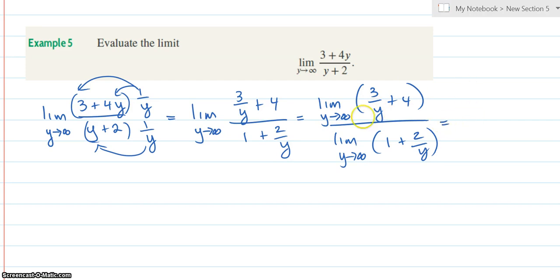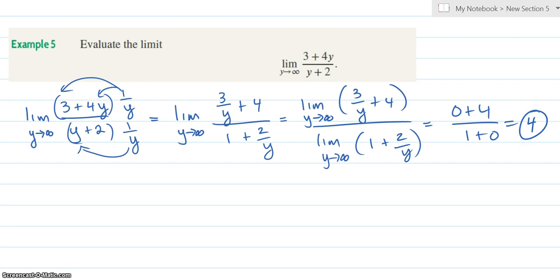So it looks like this would be 0 plus 4, so the answer would be 4, and this would be 1 plus 0. I could even write that. So the answer is 4 over 1, not 0. If you actually found the horizontal intercept to this, you would realize that it's at y equals 4. You could try graphing it and see.